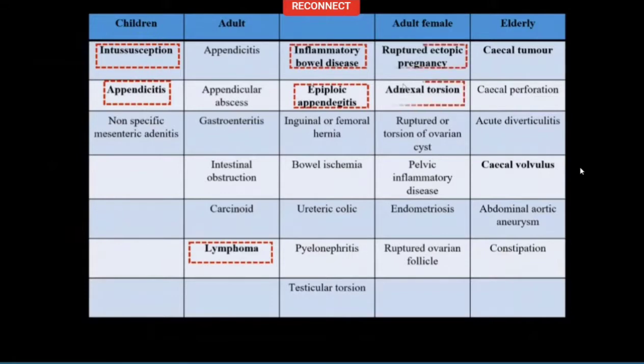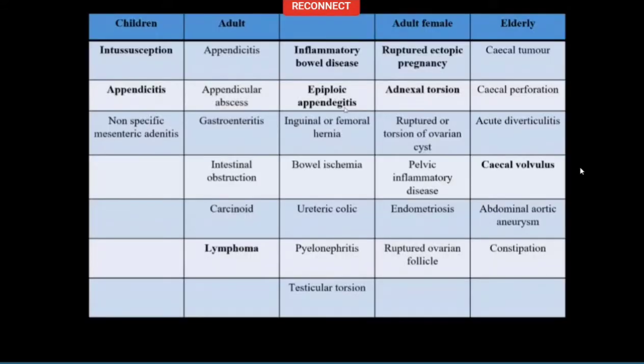In adult females, we will go through ruptured ectopic pregnancy and adnexal torsion, and in the elderly, cecal tumor and cecal volvulus. Though there are 28 pathologies according to the chart of right lower quadrant pain, I have just targeted these because these are the ones which we see in our day-to-day practice, and in our exam papers also we will find questions on them.